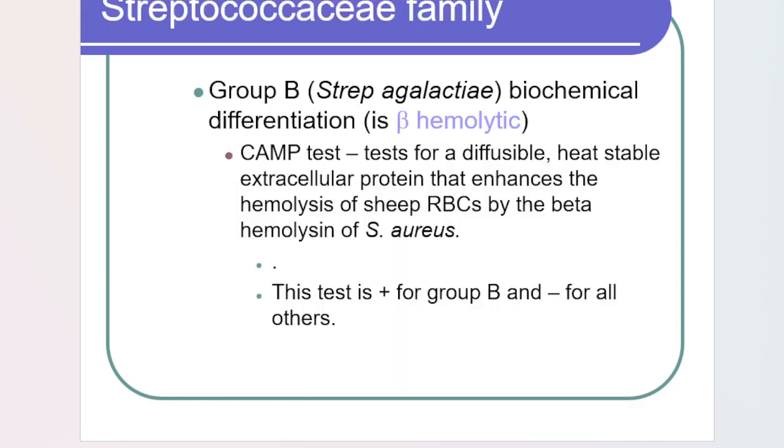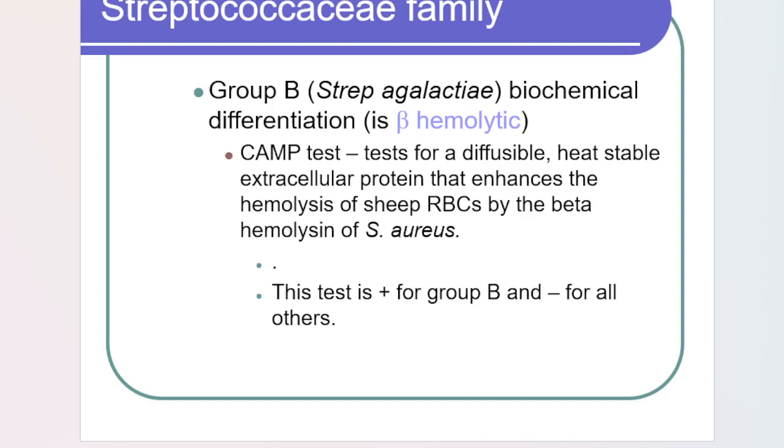Si group B naman, biochemical differentiation, of course, hindi natin kakalimutan si CAMP test, Christie Atkins Munch-Petersen test, wherein the principle is about the synergistic action of 2 hemolysins that gives an arrowhead hemolysis. Okay?